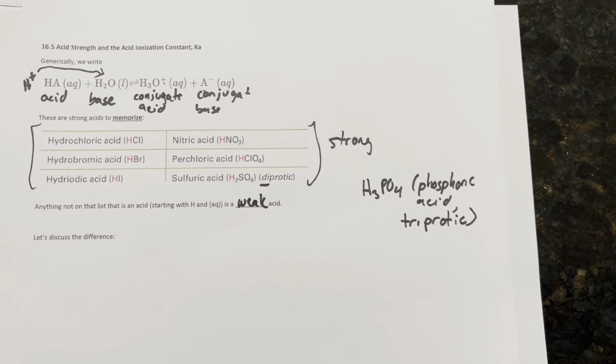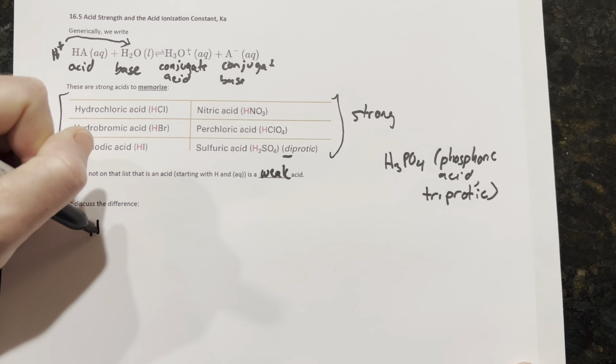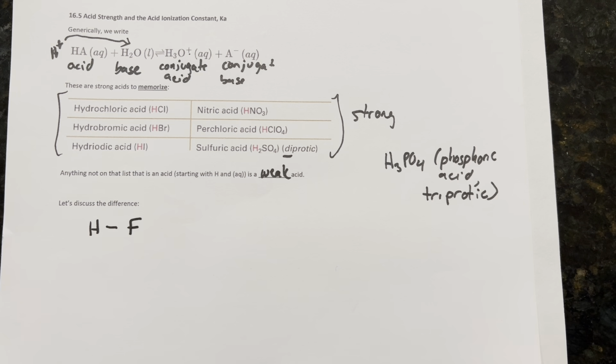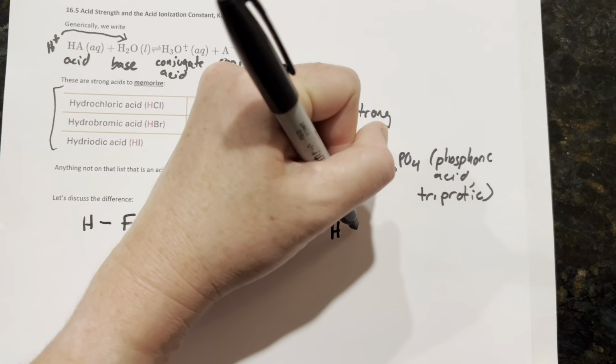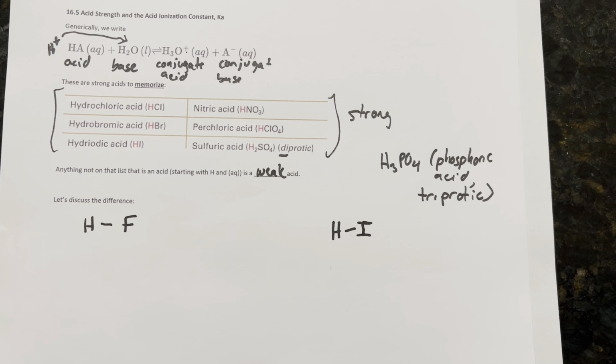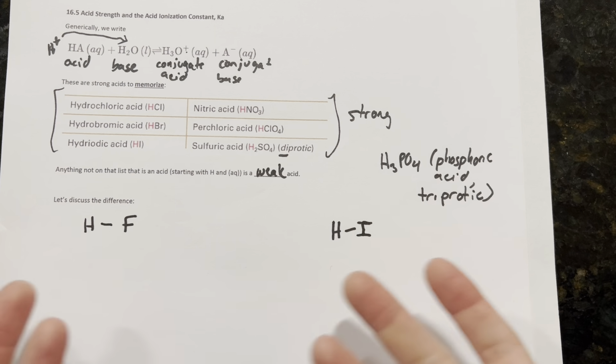All right, so let's discuss the difference between strong acids and weak acids. For example, when we went through some acid strength stuff yesterday, we talked about HF, and I showed you HI. Now, there's a difference in terms of electronegativity. There's also a difference in terms of size.